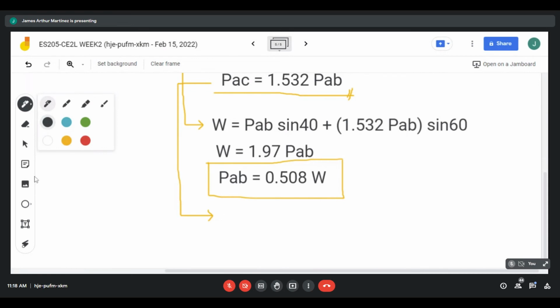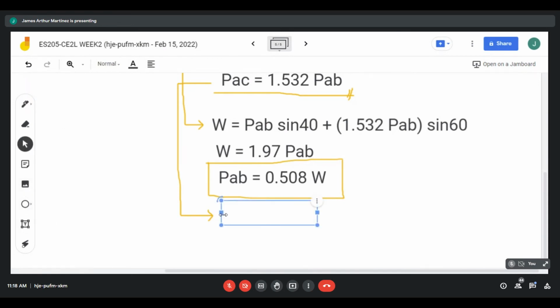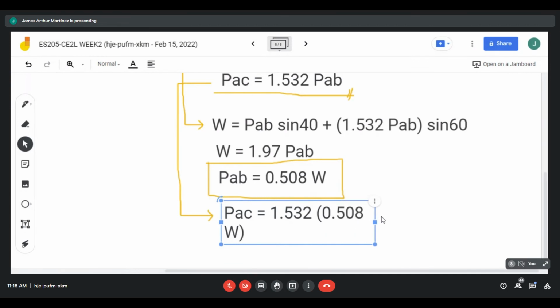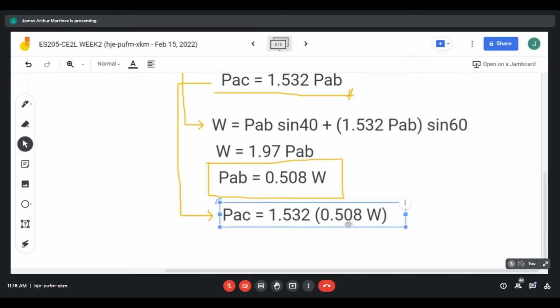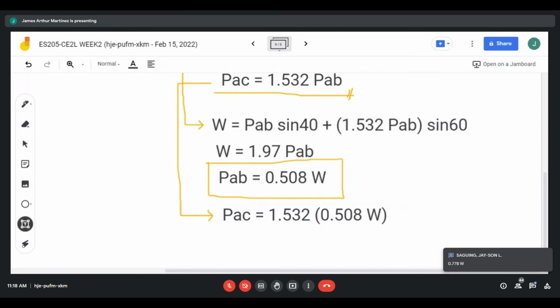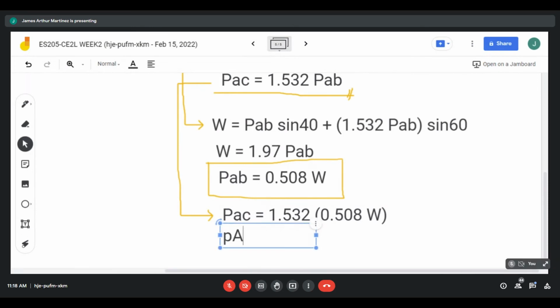And that is just PAC is equal to 1.532 of PAB, and PAB is 0.508 of W. Therefore, PAC in terms of W is 0.778. So PAC in terms of W is 0.778 W.